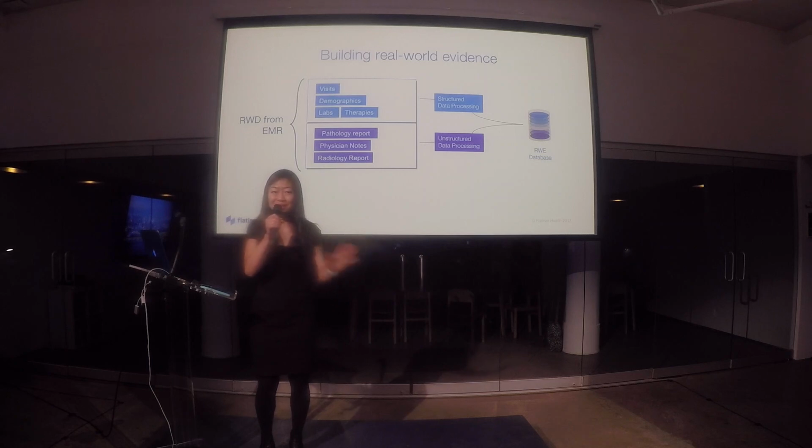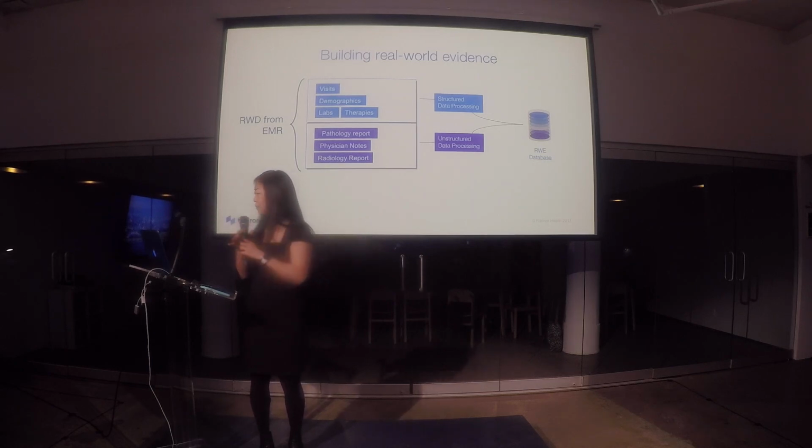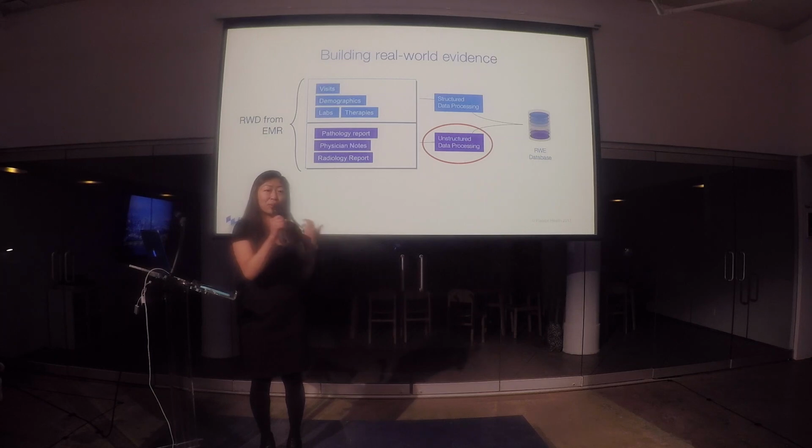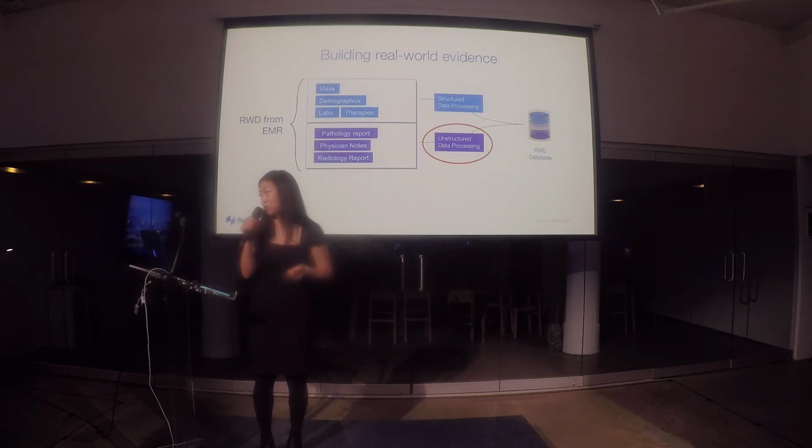Any of these types of messy free-form information is known as unstructured data. If you were to guess which one is harder, you would probably guess it's the unstructured data processing problem, and that's true. And to make the whole problem of generating real-world evidence even harder, most of the data we're interested in, unfortunately, only exists in unstructured data.